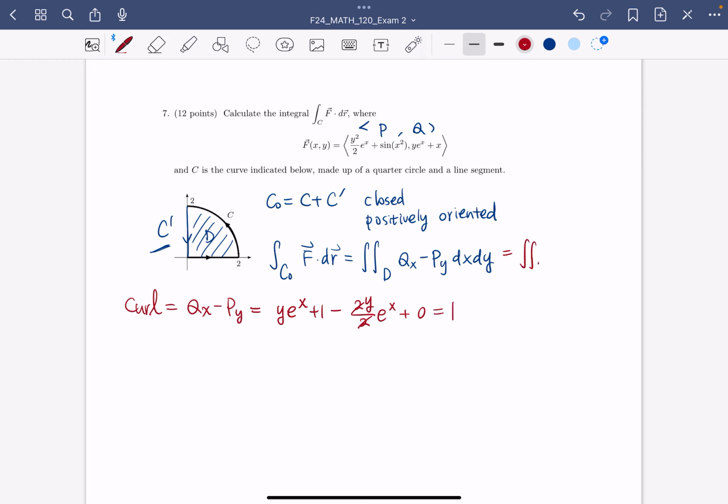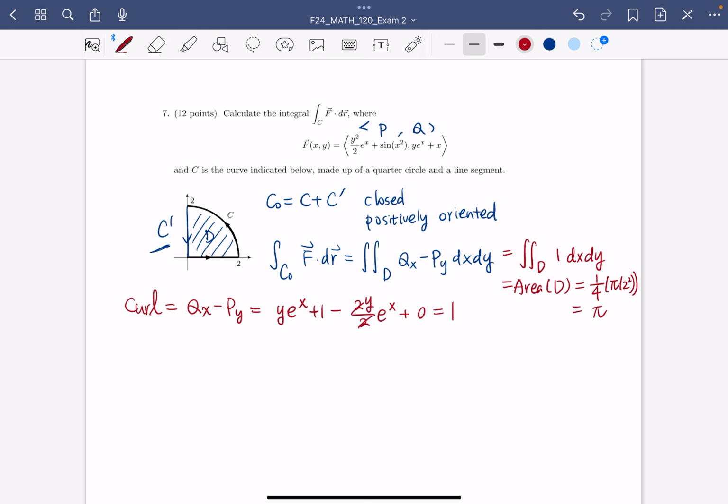So this area integral gives you the area of D, which is a quarter disk, because D is 2-dimensional, right? So it's a quarter of the whole area of a full disk.